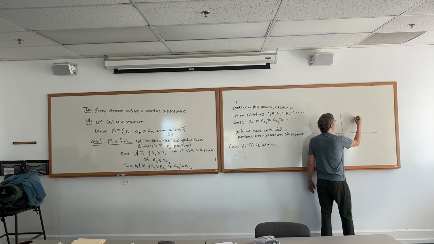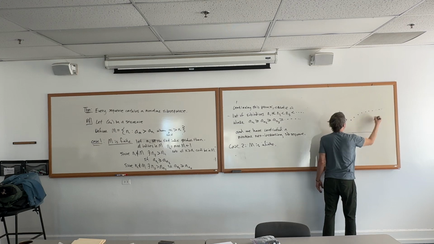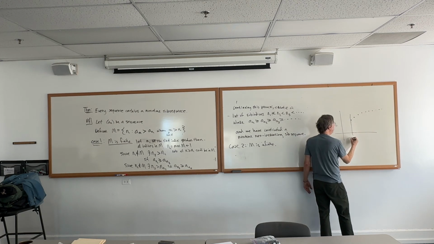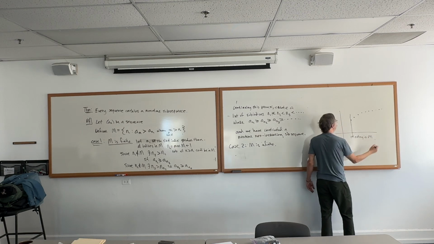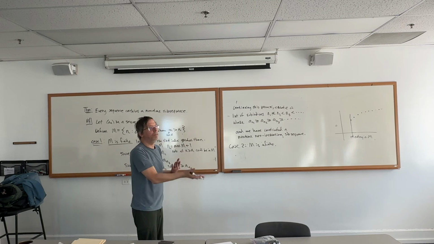At some point, everything is above you. So if M is infinite, this would be like the first entry in M, right there. The place where the sequence starts going up forever and ever.